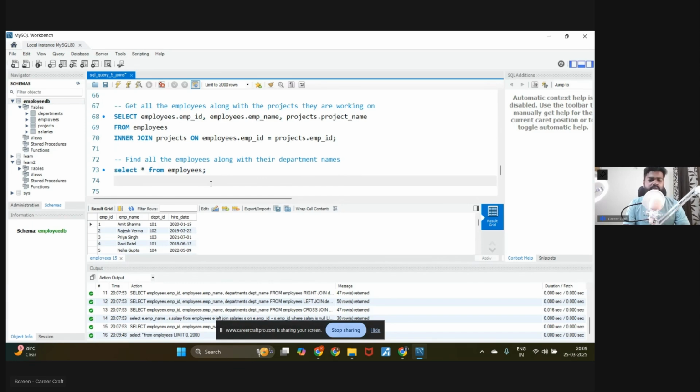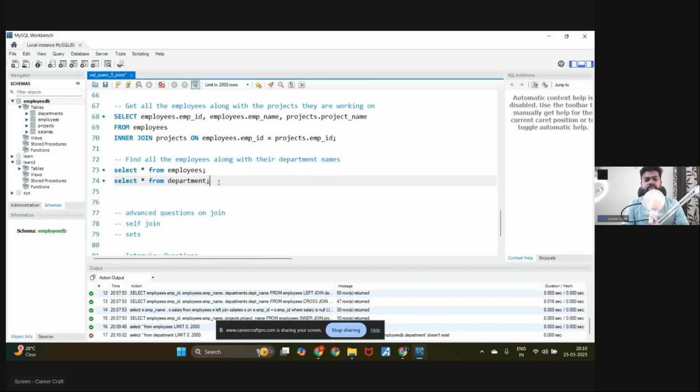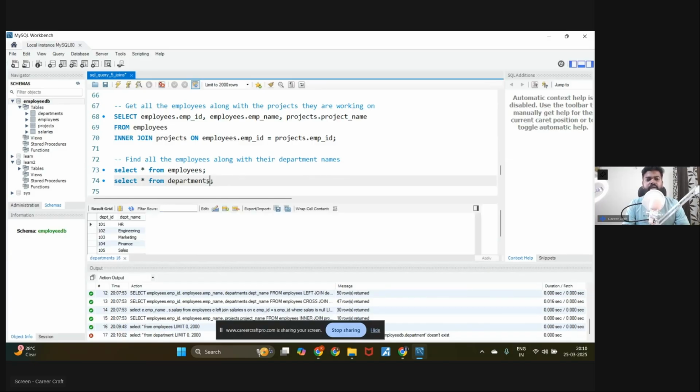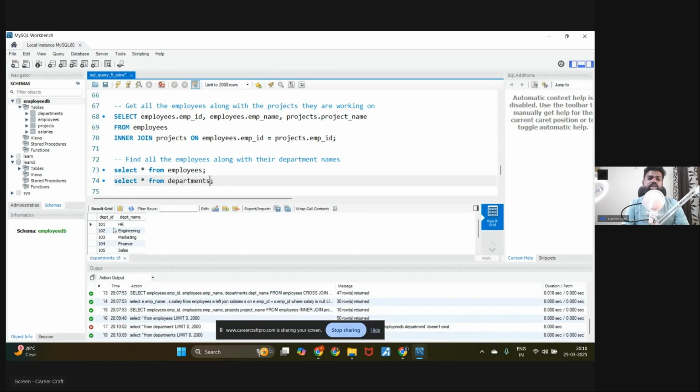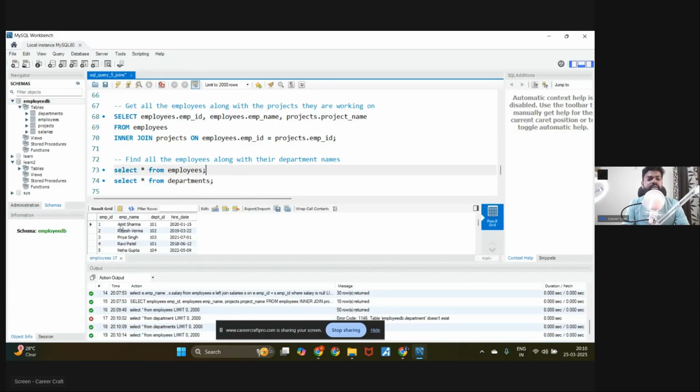Select asterisk from departments. Department spelling, okay, very good. So this is the department table: department ID and department name. And here in employees, employee ID, employee name, department ID, and hire date.